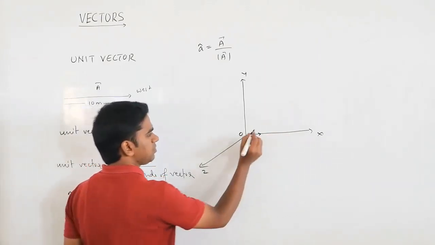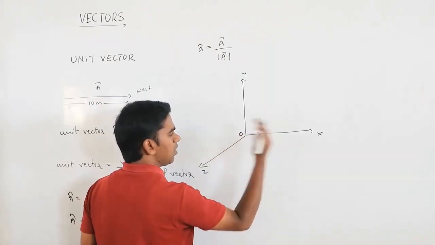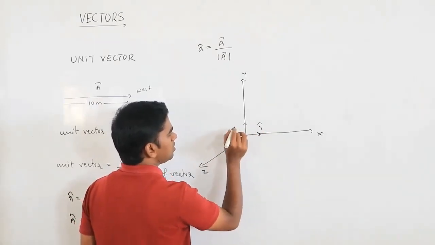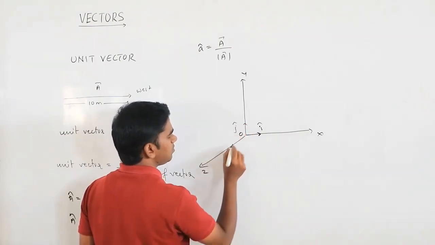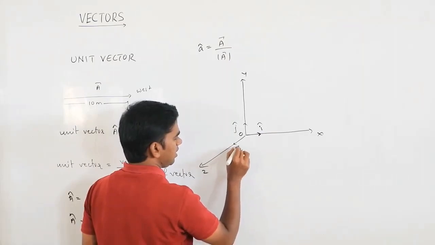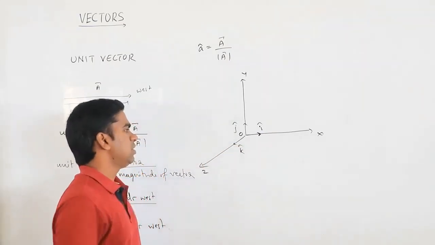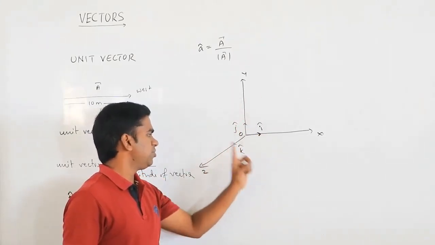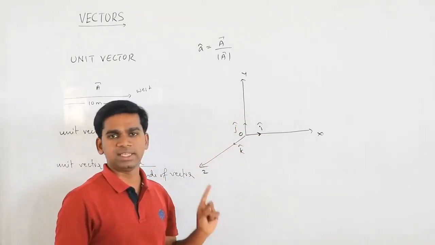actual vector. So the unit vector along the x-axis we call the i cap. Unit vector along the y-axis we call j cap. Unit vector along the z-axis is called k cap. Okay, so remember, unit vector along x is i cap, along y is j cap, along z is k cap.